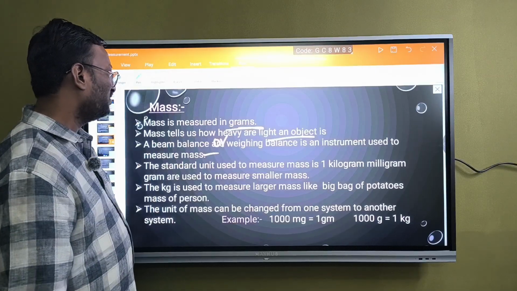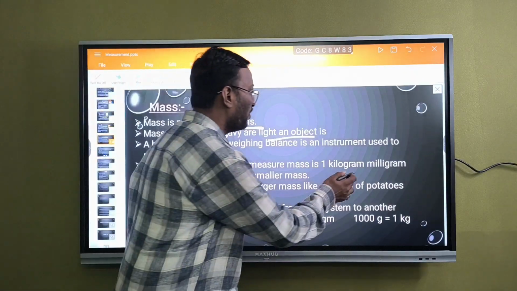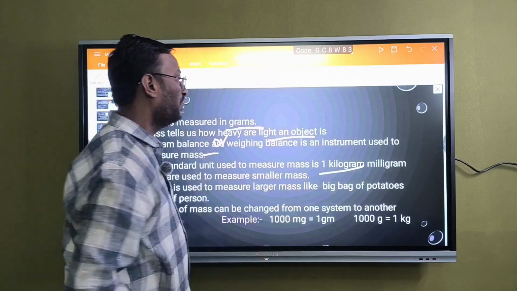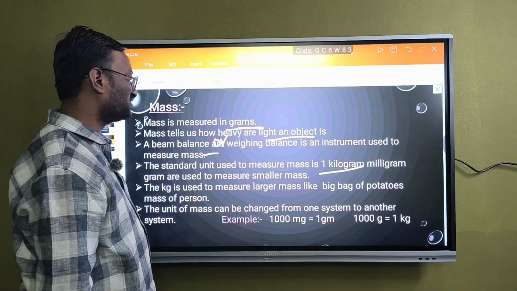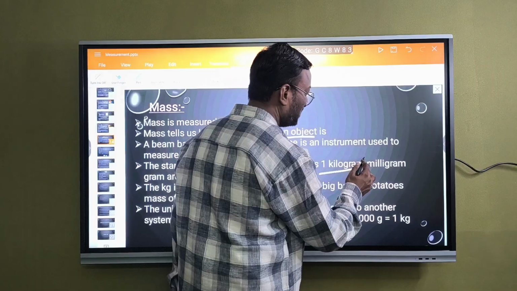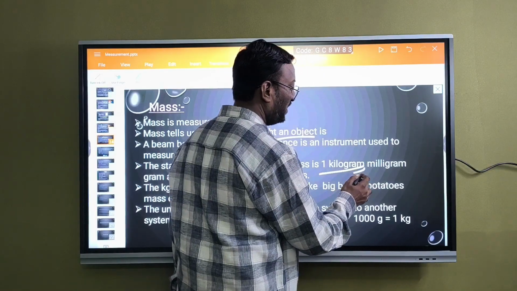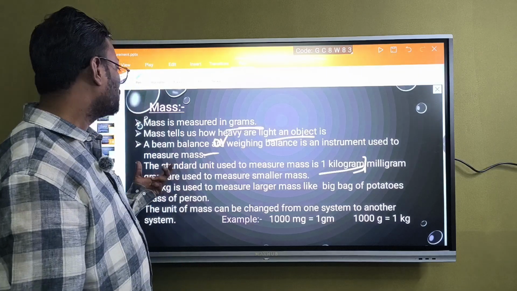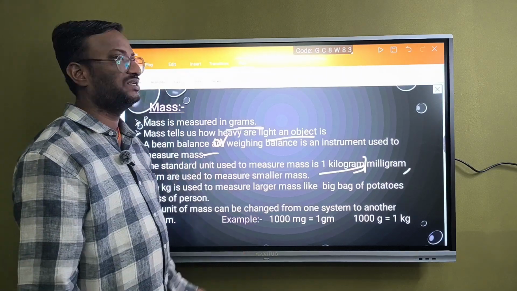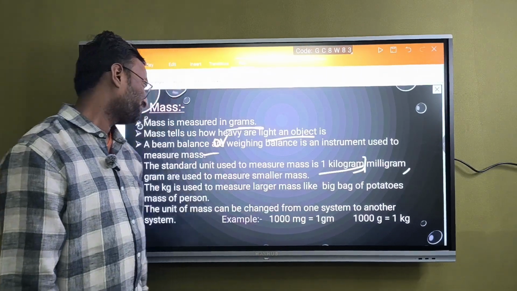The standard unit used to measure mass is 1 kilogram. Milligrams are used to measure smaller mass. The kg, that is kilogram, is used as a standard unit, and milligrams are used to measure smaller quantities, smaller masses.